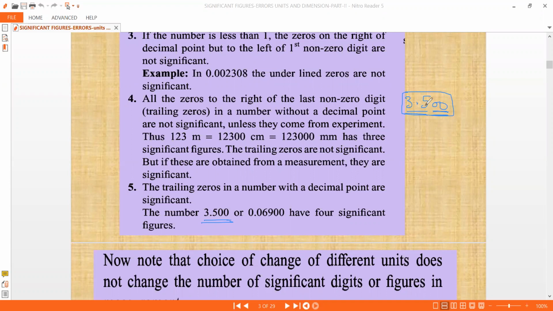After the decimal, this is the first decimal, second and third. Up to these 3 decimals, I am confident that only these numbers will fall, and after this, I am not sure.